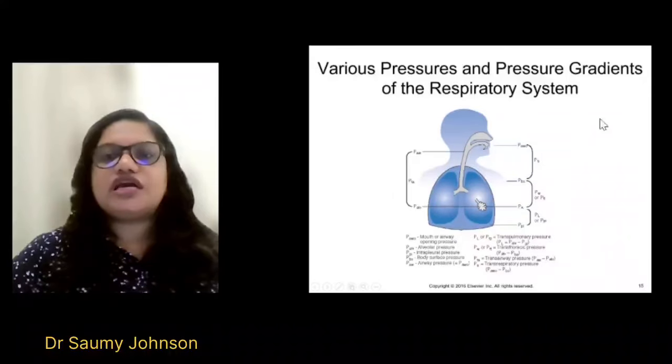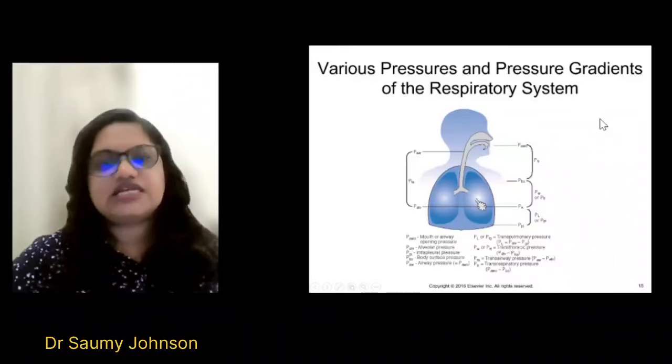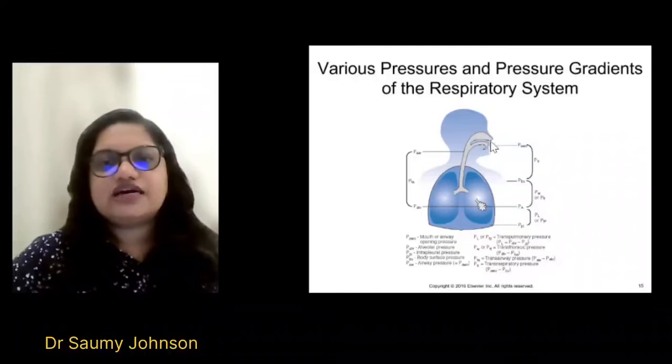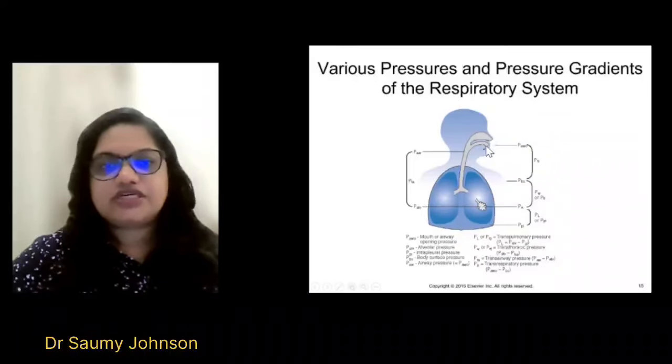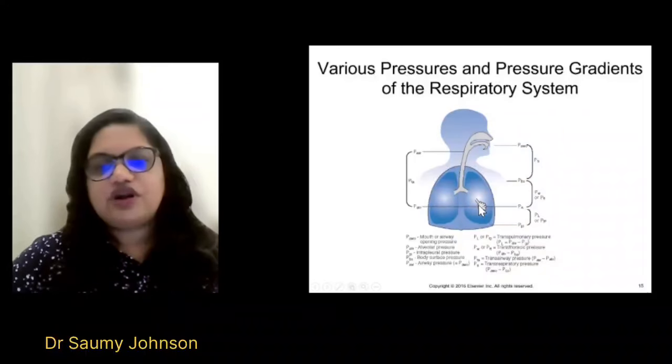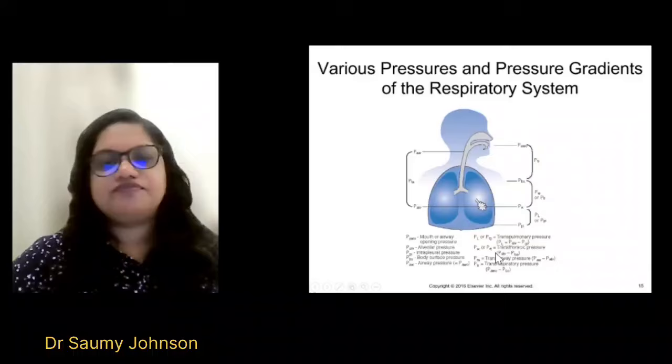Now, this is the pictorial representation of all what we discussed till now. So you can see the airway pressure, mouth opening pressure, and the alveolar pressure, the alveolar distending pressure.